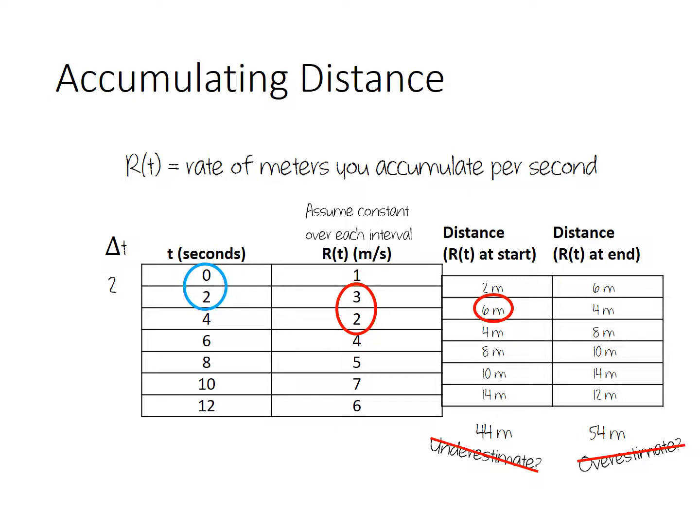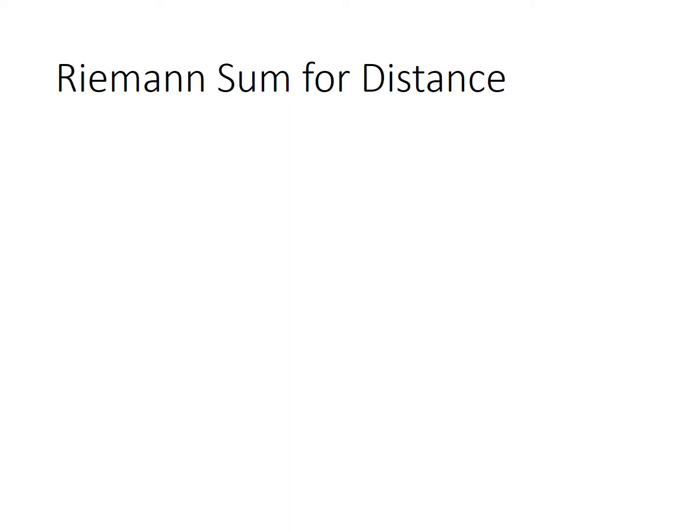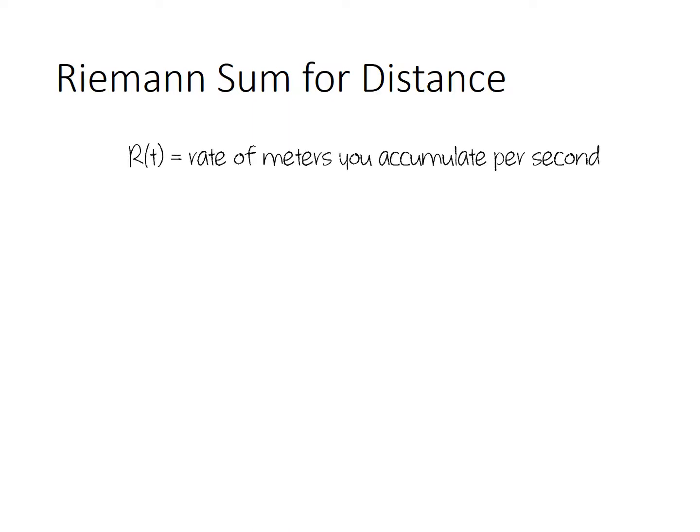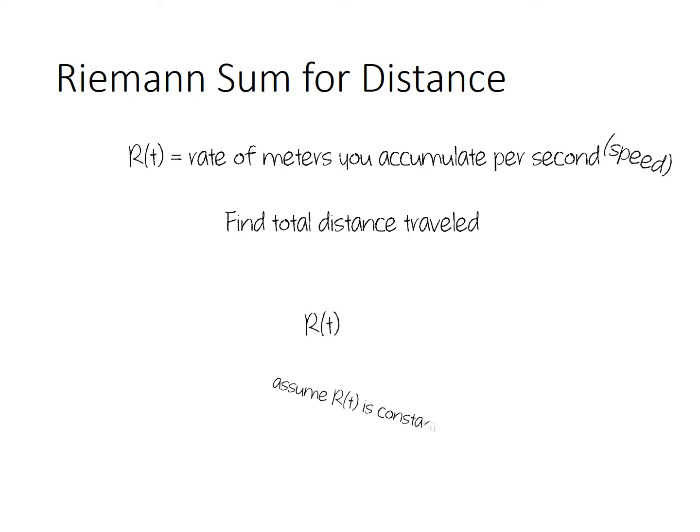Let's look at how this all translates to more general mathematical notation. We had information about r of t, the number of meters we accumulated each second. Another way to think of this is as speed. Our goal was to find the total distance that we traveled. To do this, we looked at values for r of t. We assumed that r was constant over each time interval.